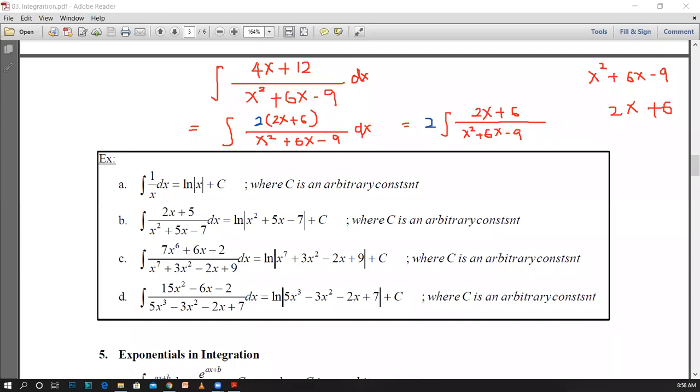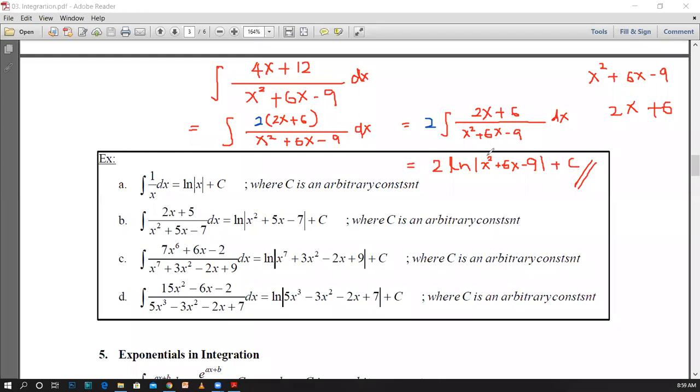Then here also we can apply the concept learned under logarithms in integration. The final answer can be obtained as 2, which is a constant, times ln of the function x squared plus 6x minus 9, and an arbitrary constant is added at the end.